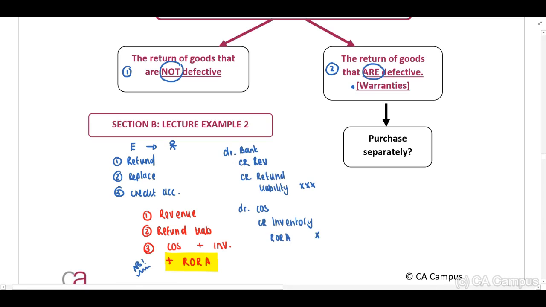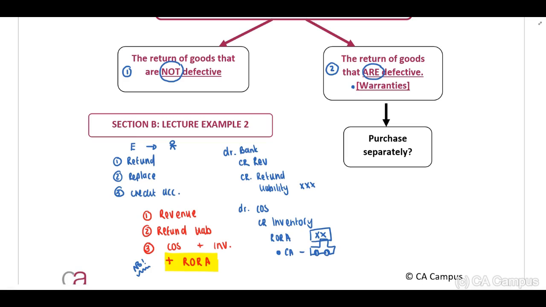And that amount that we recognize should be the carrying amount of the product less the expected costs that will be incurred to recover the product from the customer. Therefore, guys, this will be our carrying amount minus any costs to collect that product from our customer.